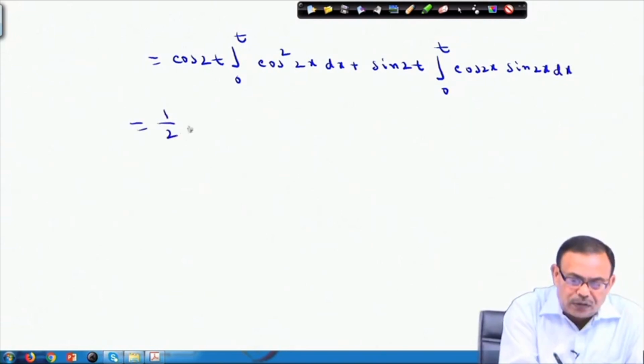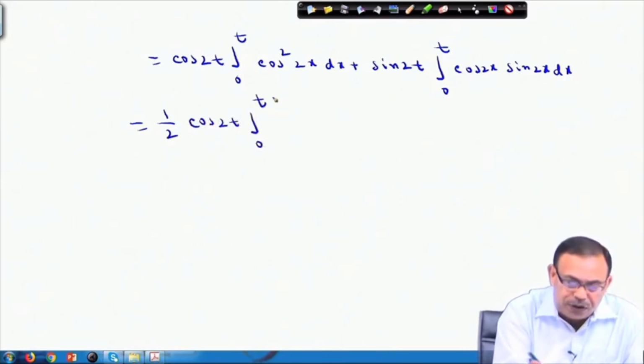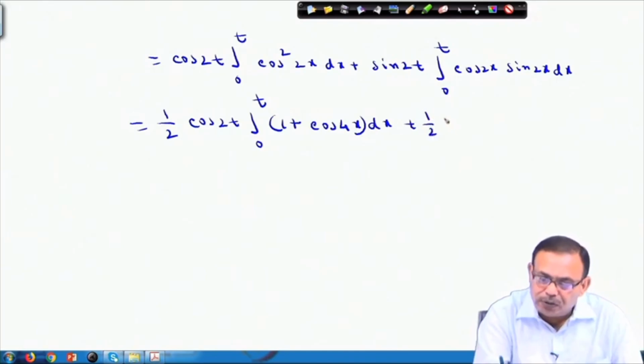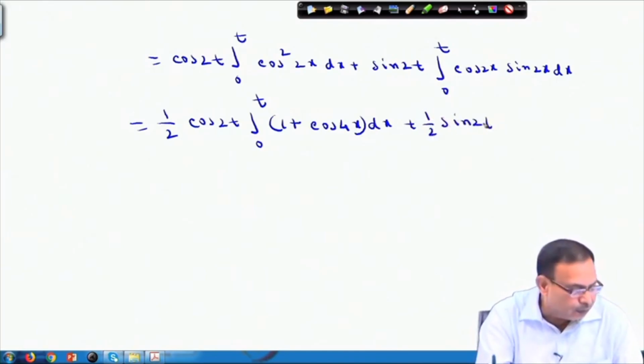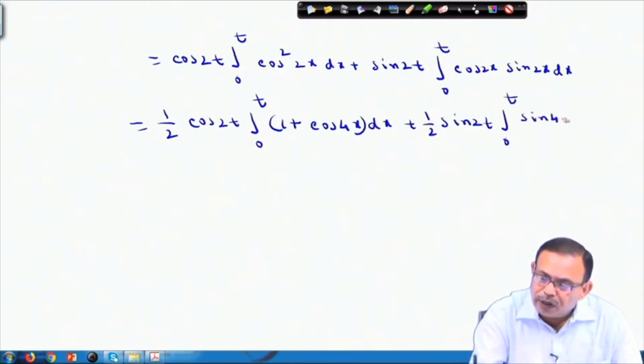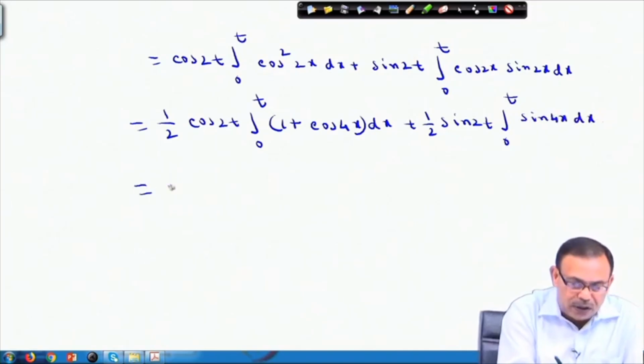Using trigonometry now, I have to calculate it. So it becomes integral 0 to t of cos square, which I can write as (1 plus cos 4x) by 2, dx, plus half sin 2t into, this I can write as sin 4x dx. So I can evaluate the integrals easily.